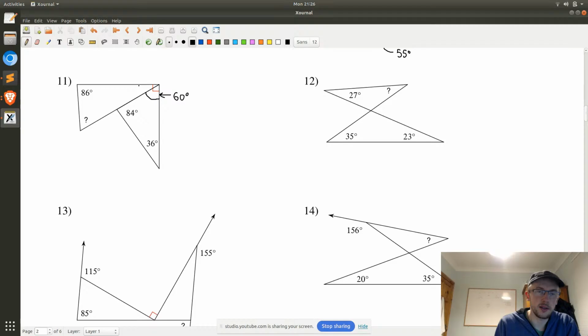And as it partitions a right angle, this angle must complement it. And so it must be 30 degrees.